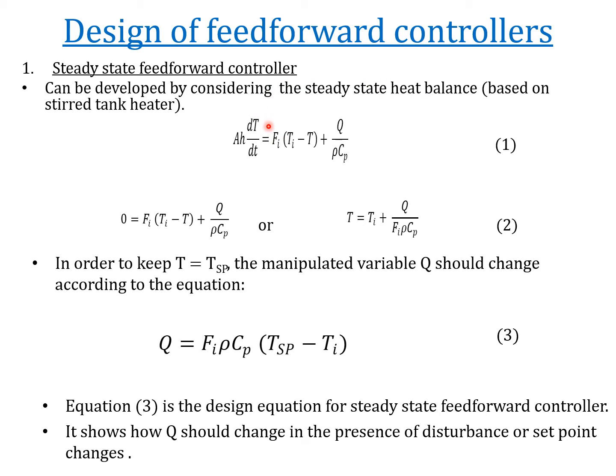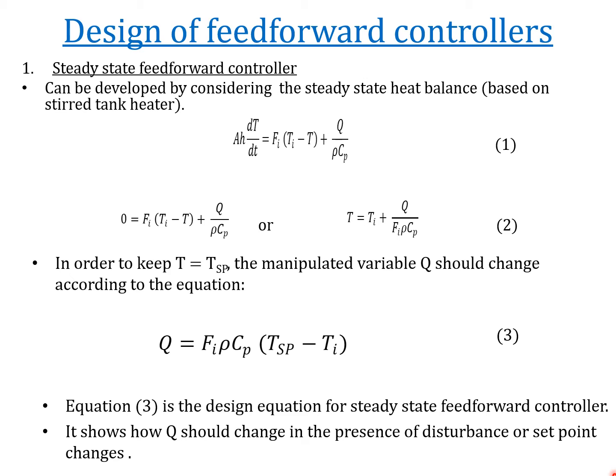So this is the temperature accumulation, temperature coming in, temperature out, and the heat supplied by the steam. Okay, so we get the steady state form. This is 0, given by equation 2, and in order to keep T at the set point, the manipulated Q should change according to this equation. And when it's the steady state given here, we can get Q equal to this. So equation 3 is the design equation for the steady state feedforward.